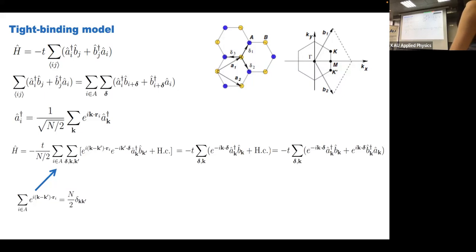And here I applied the complex conjugate. So this is the Hamiltonian for real space, and this is the Hamiltonian for reciprocal space. It's a common idea of how we can go from real space to reciprocal space. We have to make some transformation of these operators, and then substitute it one by one.